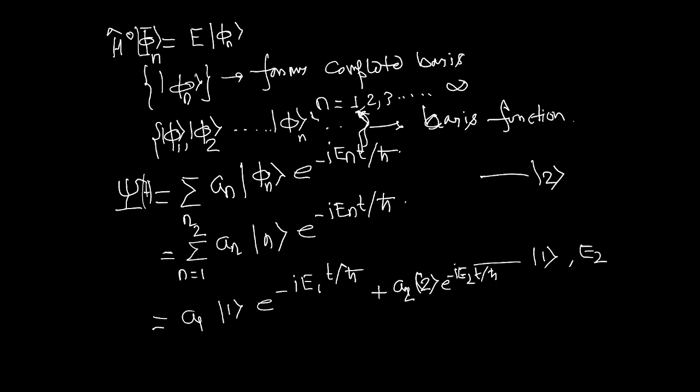These a n are the coefficients, which are time dependent. And the square of this implies the probability.